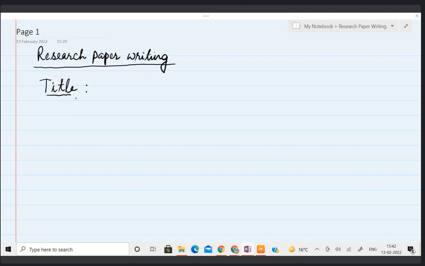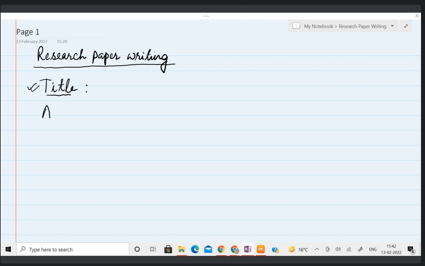I will be coming to how to write the title of a research paper after a while, because normally the title of the work is given after the completion of the paper. Kindly remember this, that we do not give the title of the work until we have completely written the complete paper. So this is the last thing that you have to do, is to give a catchy and suitable title to the work that you have done.